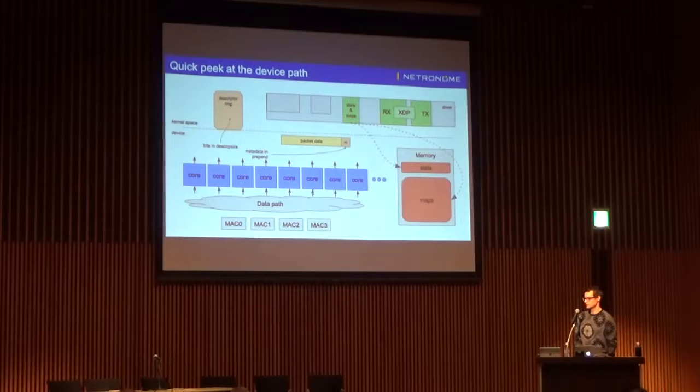And we have to be able to differentiate between the two. So we have to prepend the full return code to the packet and be able to look at it in TC later on. We also have some bits in the descriptor ring which we can use to mark whether the packet has already been processed by eBPF on the card, which enables doing some interesting things with the software fallback in the kernel.